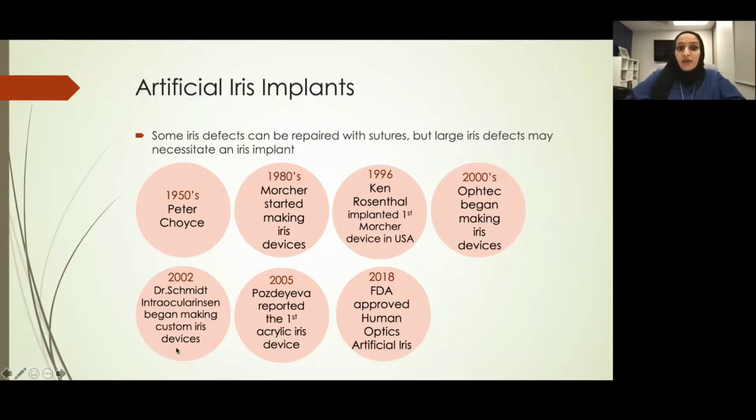In 2002, Dr. Summit Intraocular Rensen began making custom iris devices. In 2005, Bozdieva reported the first acrylic iris device. And the new important thing in 2018, which is 2 years back, the FDA approved Human Optics artificial iris.